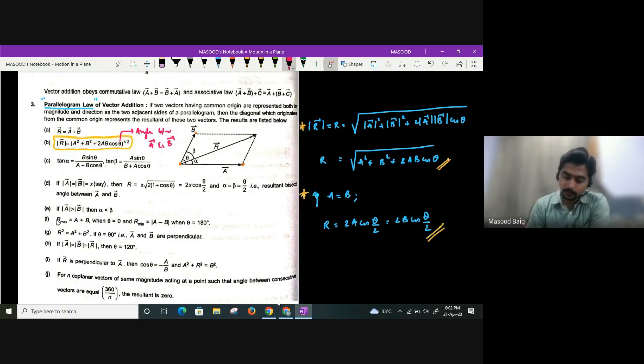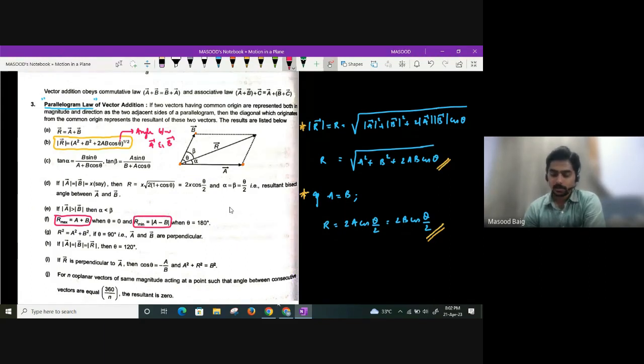So the maximum value of the resultant will be the sum of the magnitudes of individual vectors, and the minimum value will be the difference between the individual vectors, guys. Always remember, if both have the same magnitude, the resultant is 2a cos theta by 2 or 2b cos theta by 2.